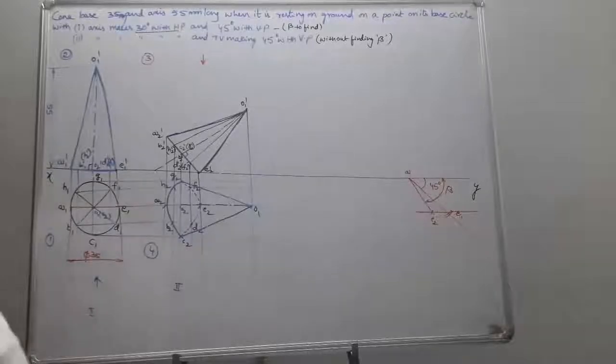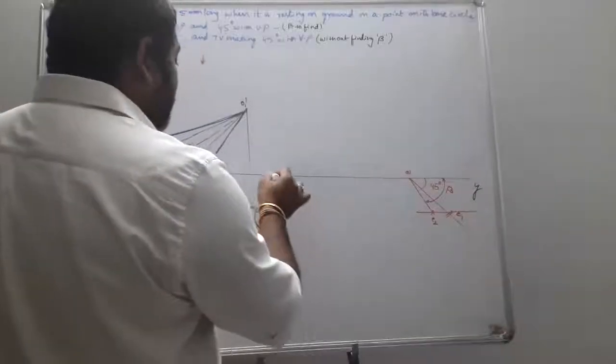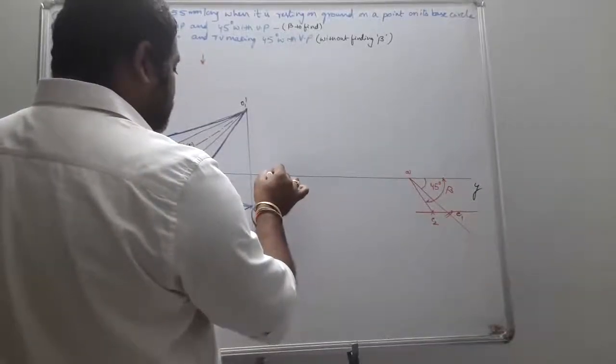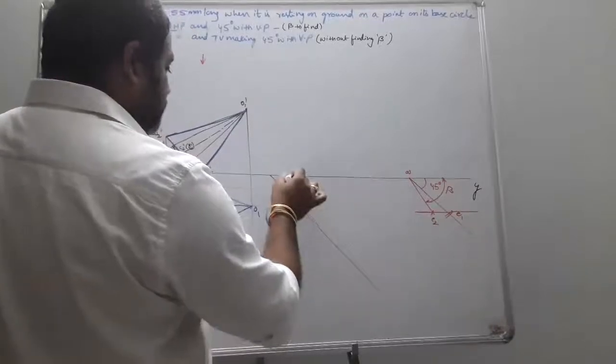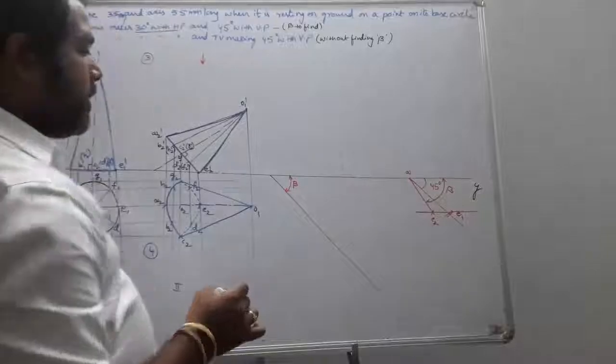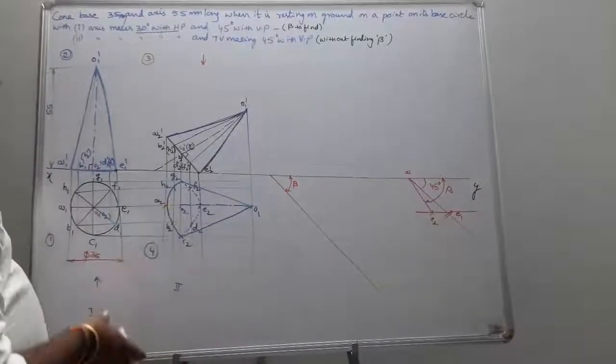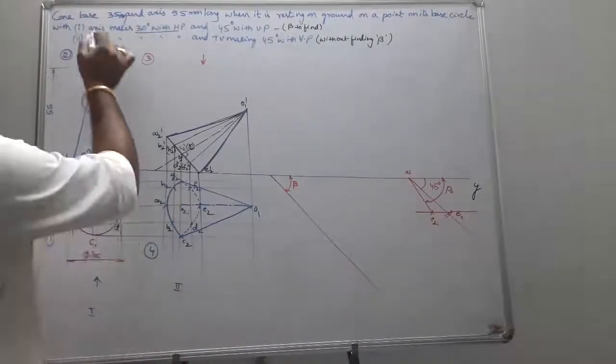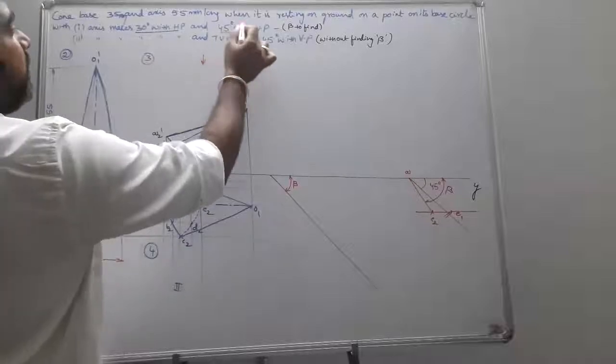Once you obtain your beta, draw a line of beta now.